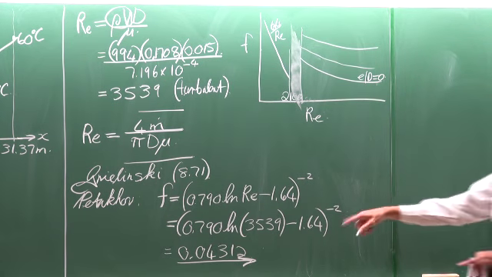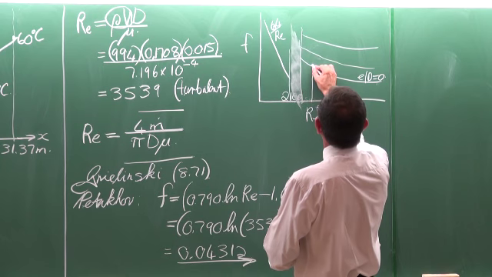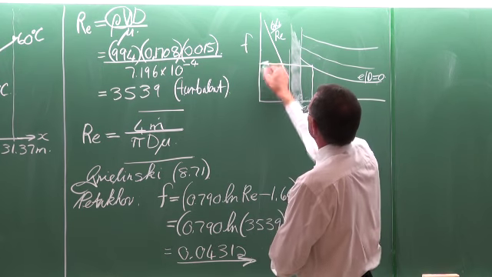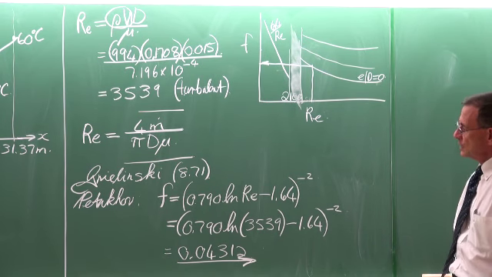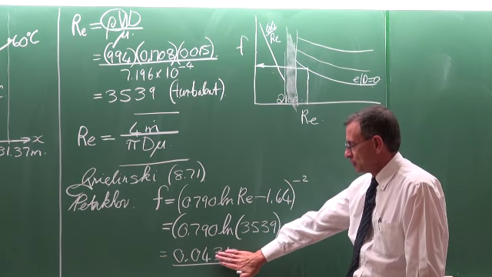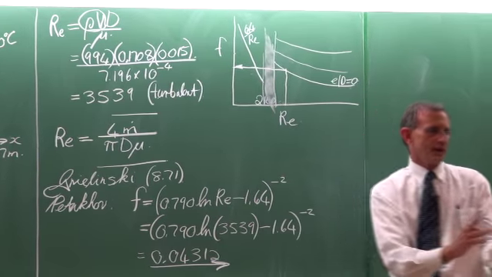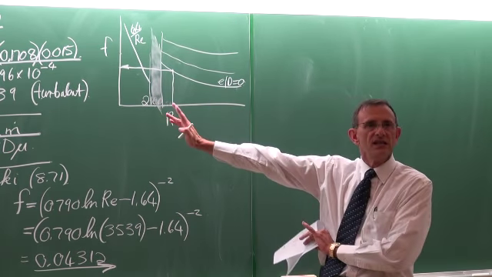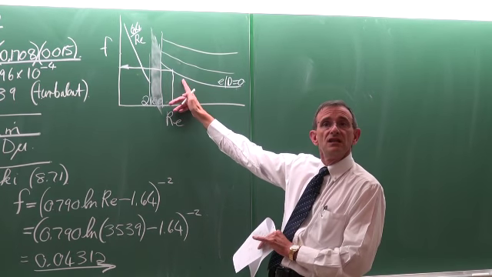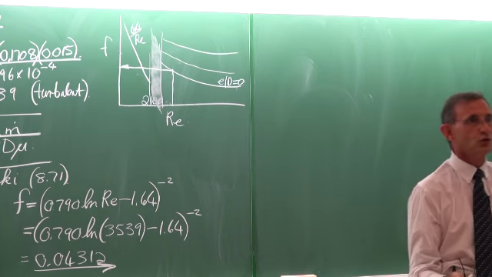So at that Reynolds number of 3,500, you can check if the friction factor is equal to 0.04312. You will not be able to check if it is 0.043. You will get to 0.04, but after that it would be very difficult. It is a logarithmic scale, so it is not so easy. But one thing you must see that I've done is I've used a smooth tube. Why did I use a smooth tube?